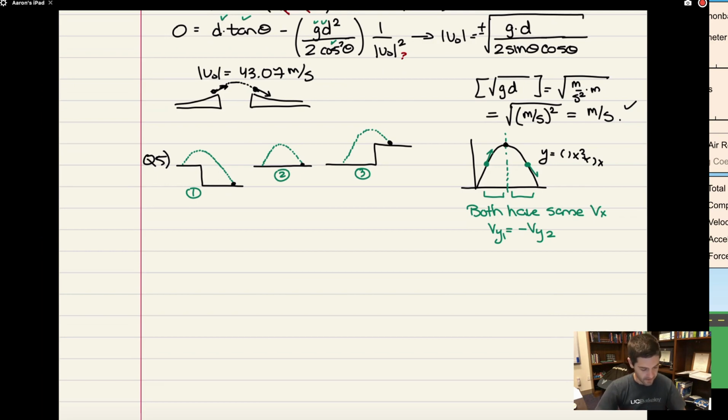And I suggested you could try doing that in the previous problem, that the launch speed we calculated was the same as the speed on the other side. If you wanted to look at the components, they both would have had the same horizontal velocity, but one would have had a positive vertical velocity. The other one would have had a negative vertical velocity. That negative vertical velocity would have had the same magnitude, just pointing the opposite direction.